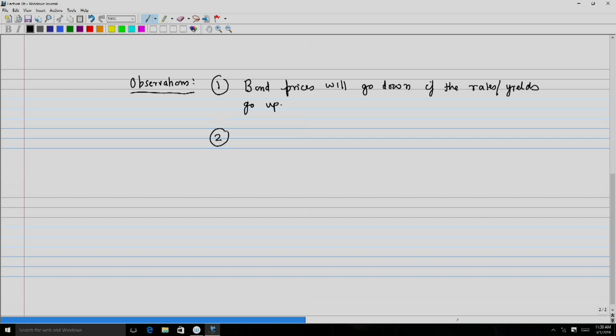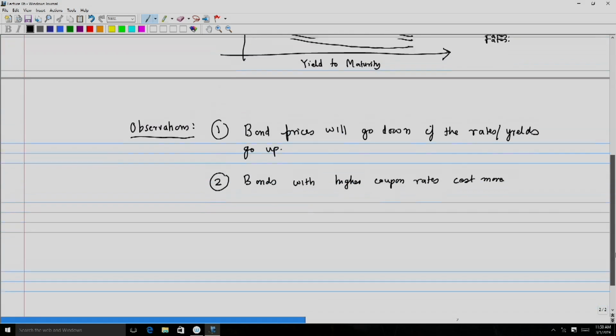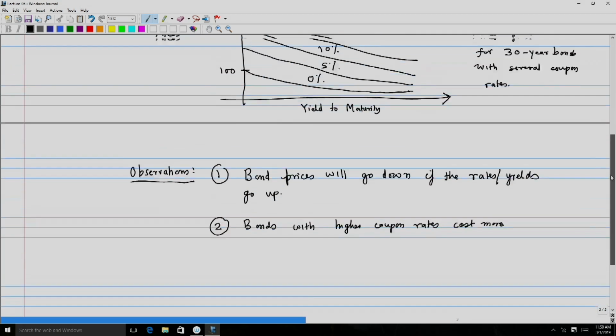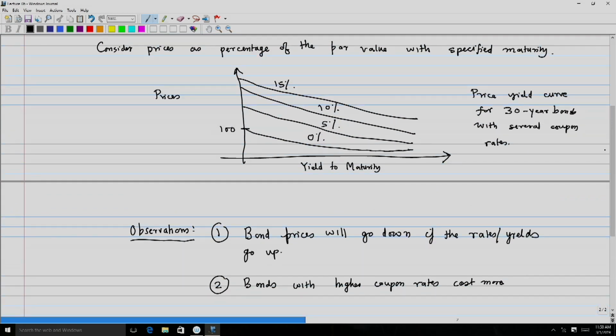And the second observation that we make is that bonds with higher coupon rates cost more. So, if you go back to the graph, let us try to see how this interpretation is to be looked at in a meaningful way.